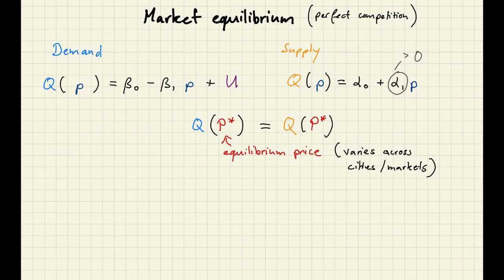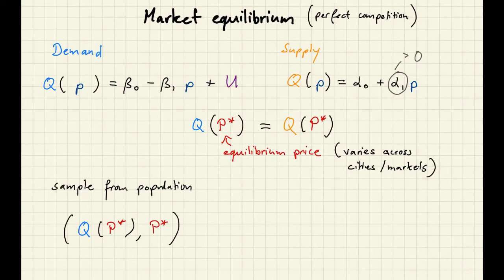Suppose that we can observe the equilibrium price and the equilibrium quantity in different cities. In other words, we can sample from a population that consists of the random variables giving the equilibrium quantity and the equilibrium price.